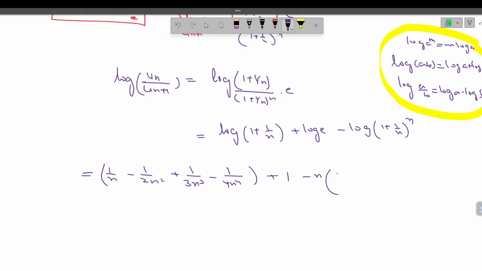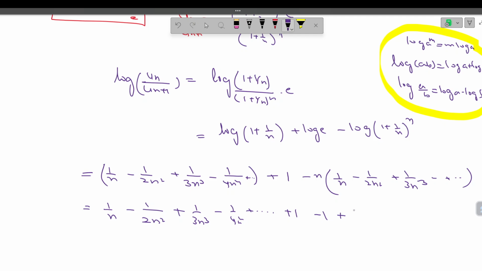So this will be again 1 by n minus 1 by 2n square plus 1 by 3n cube, minus, plus, minus, plus, and so on. So this is 1 by n minus 1 by 2n square plus 1 by 3n cube, plus 1, and this is, if you take n, minus n times minus, plus 2 by n, minus 3n square, and so on.